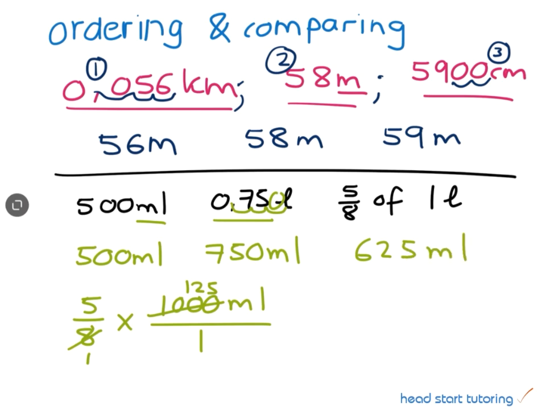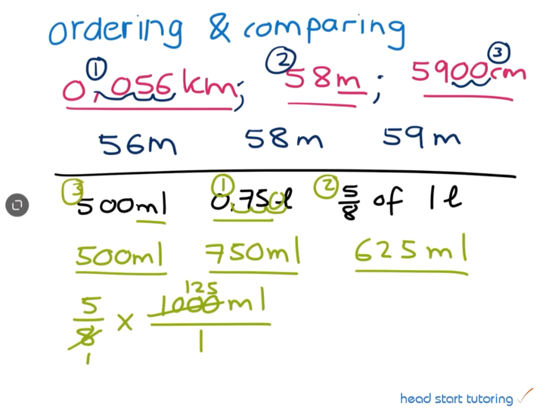So we've got 500 milliliters, 750 milliliters, and 625 milliliters. Now, arranging these in descending order, 0.75 liters would be our biggest. Then we would have our 5/8 of 1 liter, and then we would have our 500 mils.